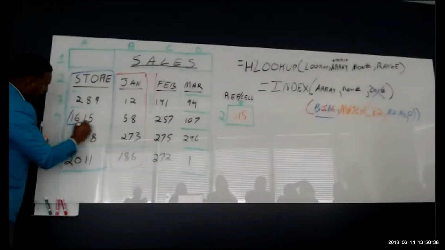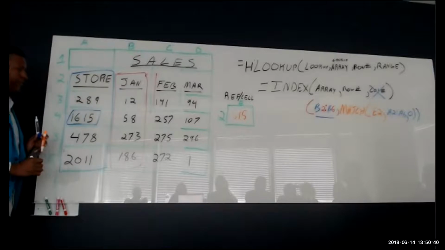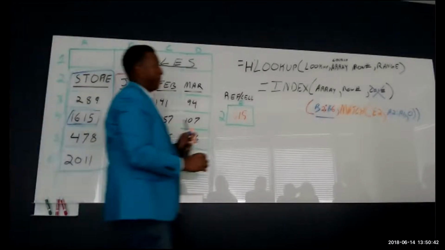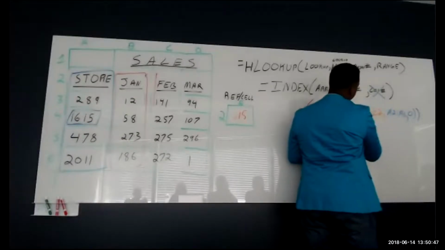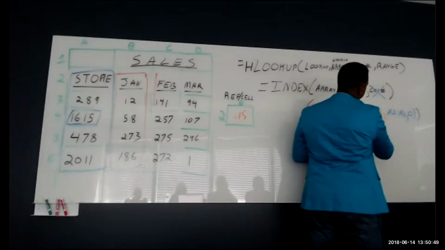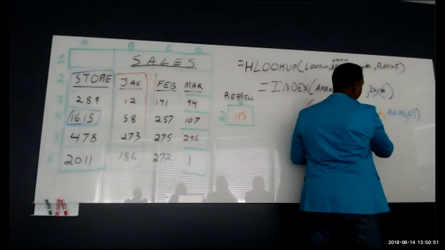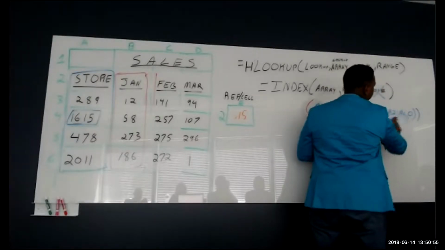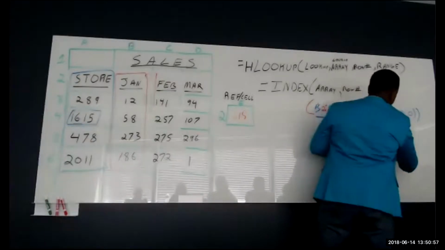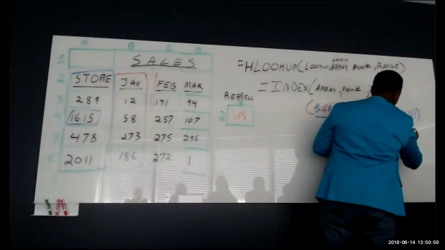What's in E2 is 615, so it finds 615. And then when you use your MATCH formula, it's going to say, all right, I found 615 3 rows down within this new array right here. 3 rows.